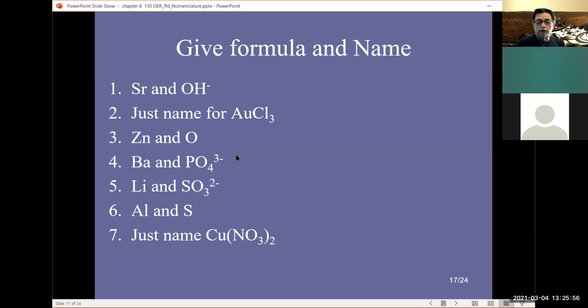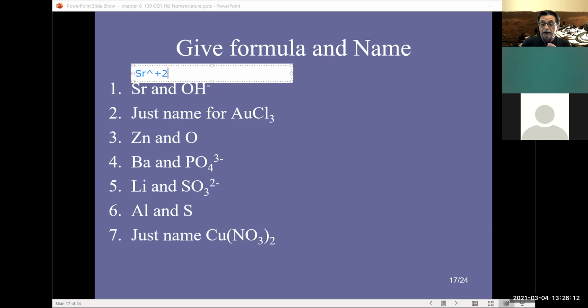And so then we end up putting them together. Strontium has, like we just stated, a +2 charge when it becomes ionic. And we have the hydroxide, which has a -1 charge.